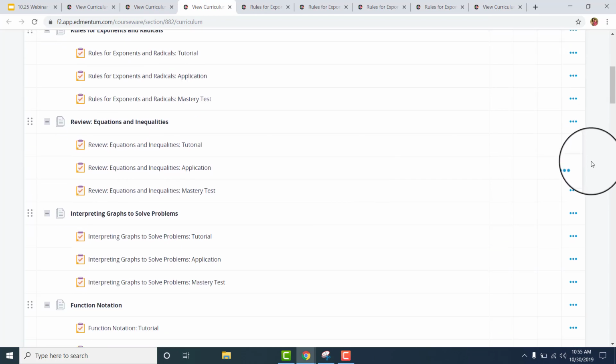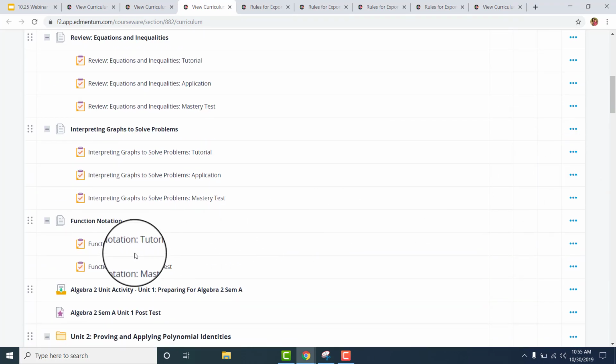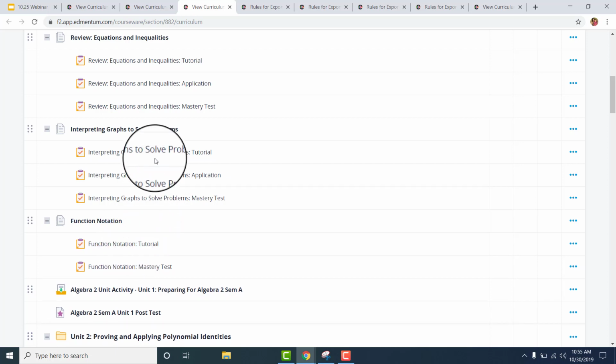Let's take a look at a different type of module within the same course. So within this unit, the last module in Unit 1, as you can see, only has 2 items. That is one of the differences between this course, Algebra 2A, and Algebra 1A and Algebra 1B.